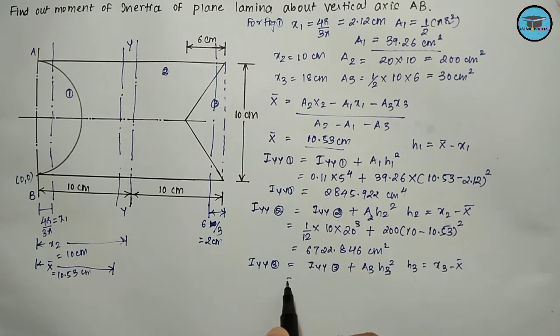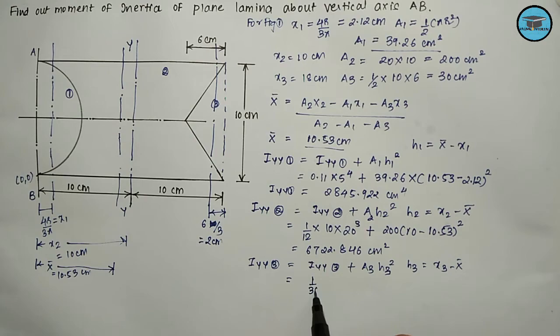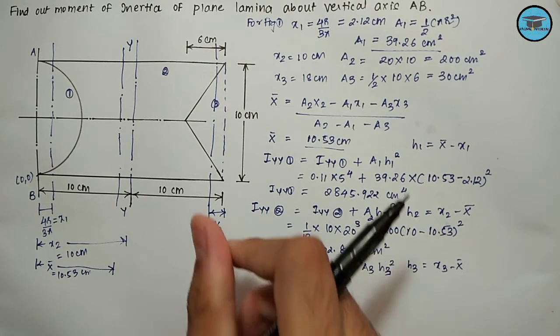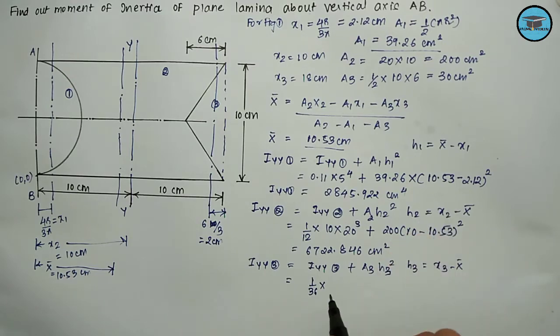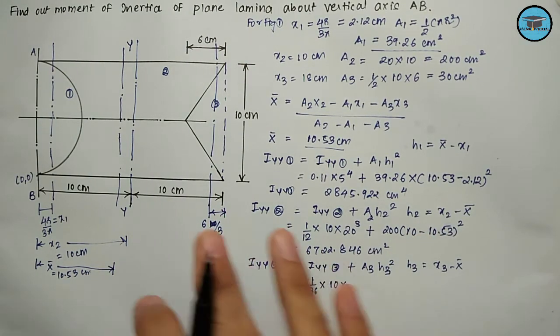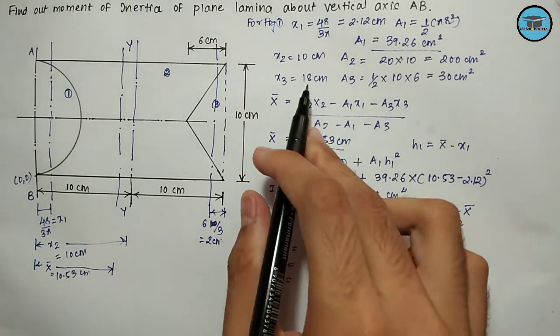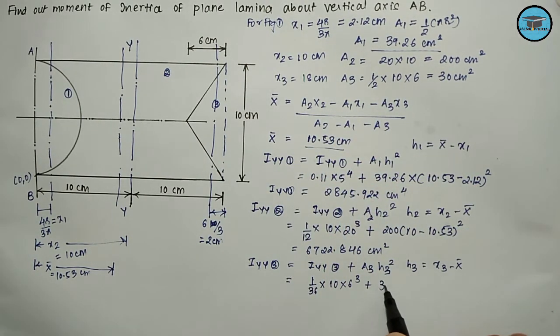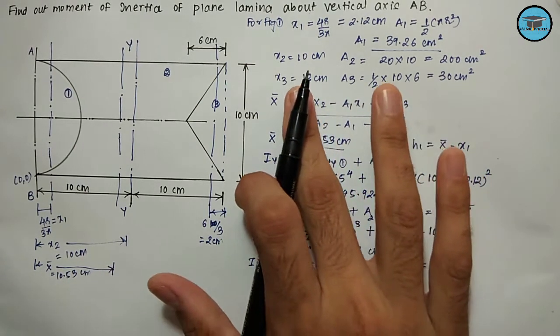So the value of Iyy3 can be given for the triangle as 1 by 36 bd cube. So 1 by 36, b is the parallel dimension to this axis and it is nothing but 10 centimeter. So 1 by 36 into 10 into d, that is 6 centimeter, 6 cube, plus A3 that we have obtained as 30 centimeter square. So 30 into h3, that is x3 minus x bar, and x3 that we have obtained as 18 centimeters.